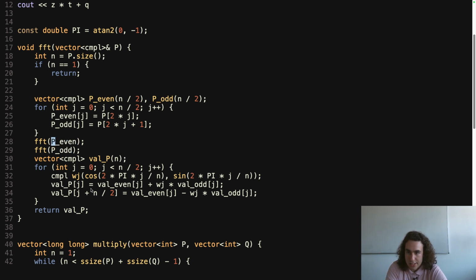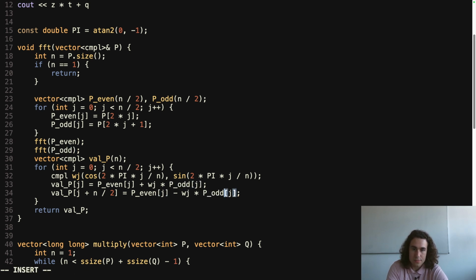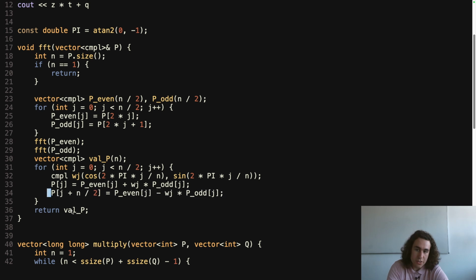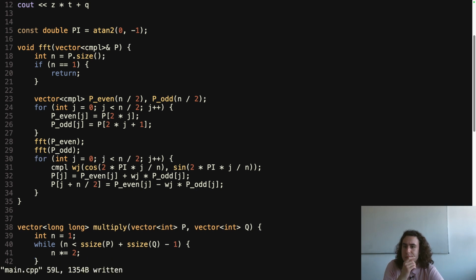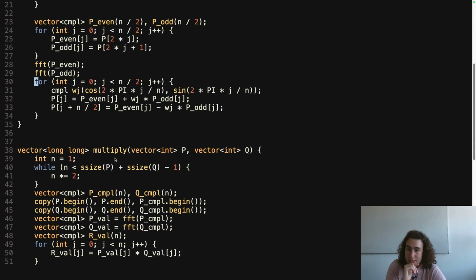And now we just replace all these val even with p even, val odd with p odd, and val p with p, right? And we don't need to return anything. The code even became shorter. Okay, we don't even need this vector, right? The code became shorter, everything became better.